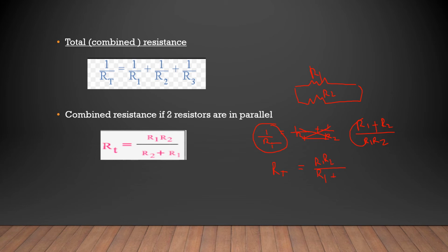This is the formula to find the total resistance if we have only two resistors which are in parallel. Otherwise, the general formula for the total resistance is 1 divided by RT equals 1 by R1 plus 1 by R2 plus 1 by R3, etc.